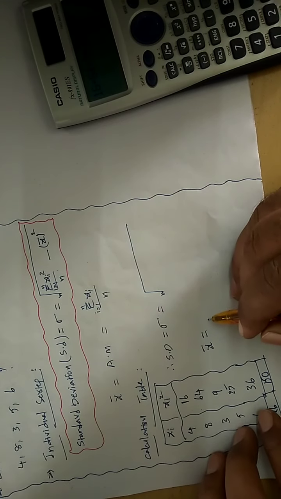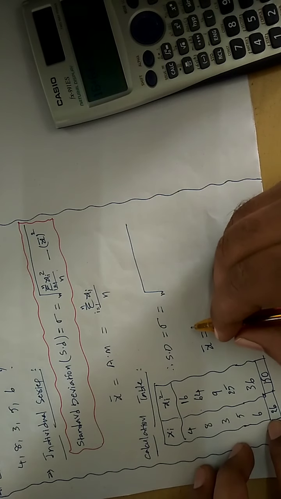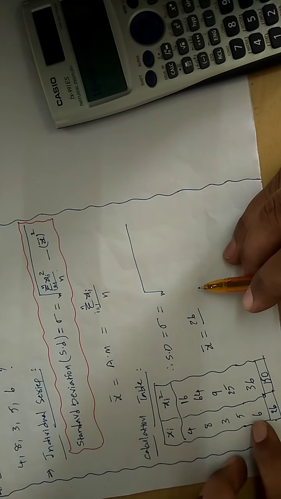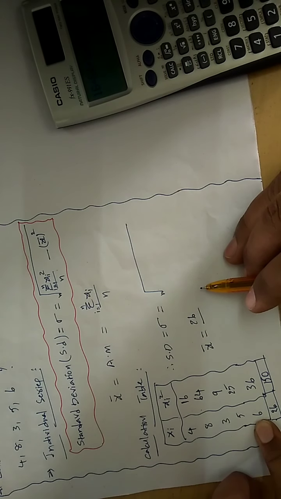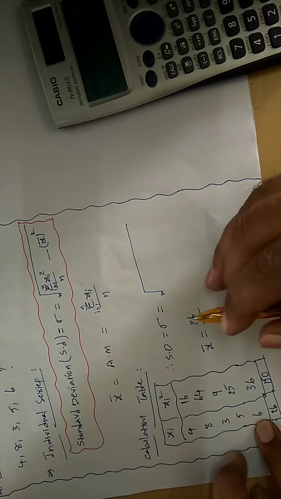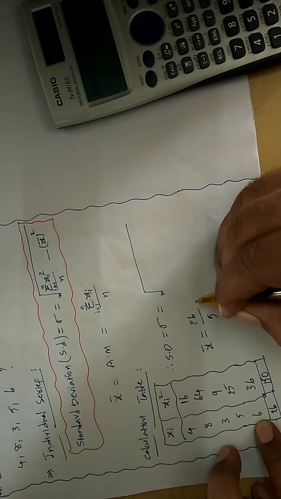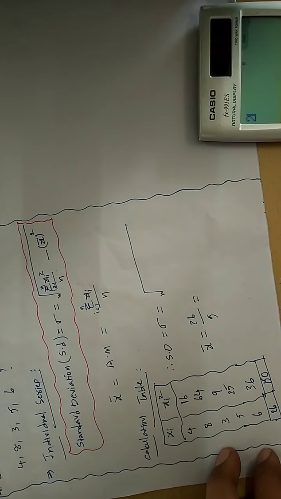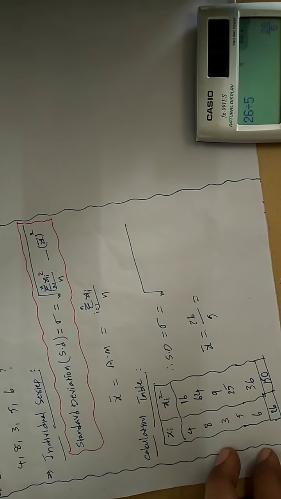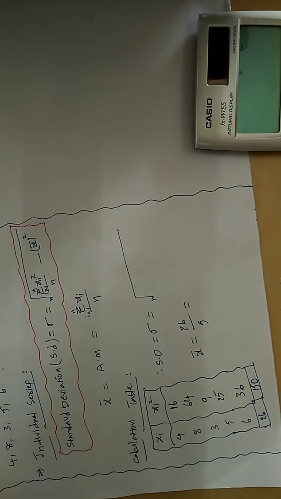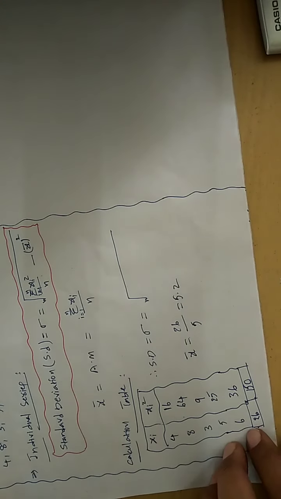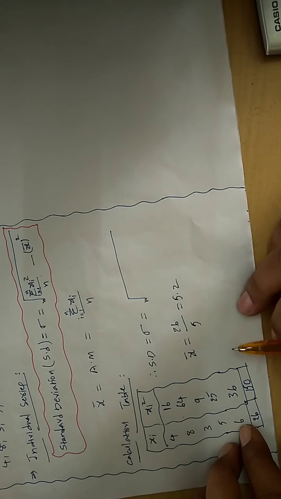Mean is equal to the summation of all the values, that is 26, divided by the number of values, 1, 2, 3, 4, 5. So you get 5.2.